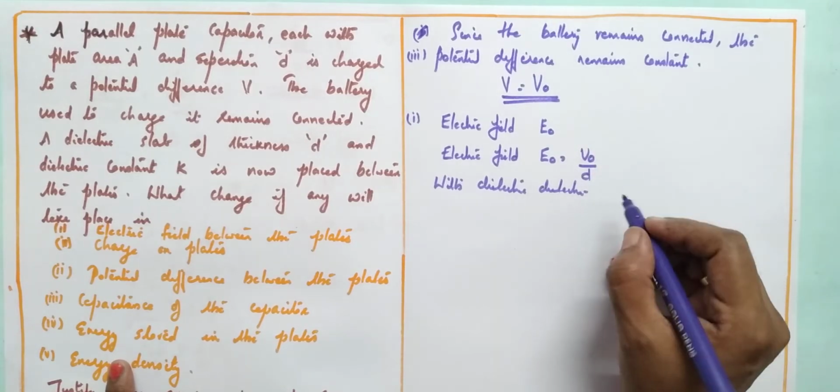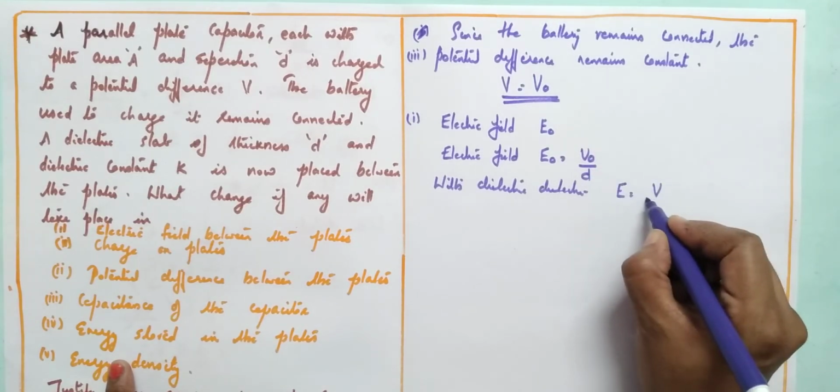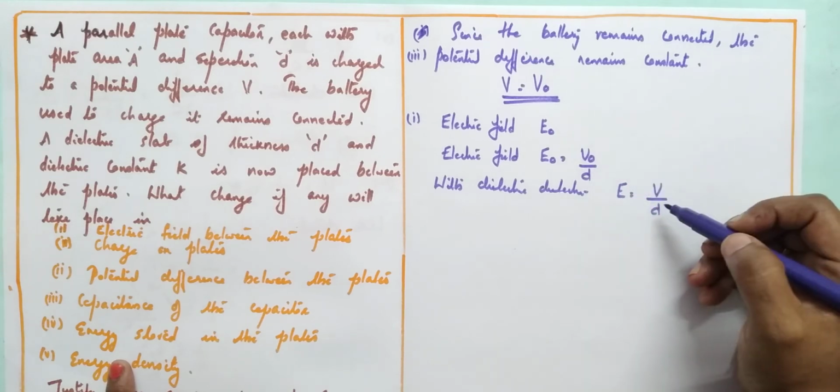It remains constant. So E equals V by D, and V and V0 are the same.